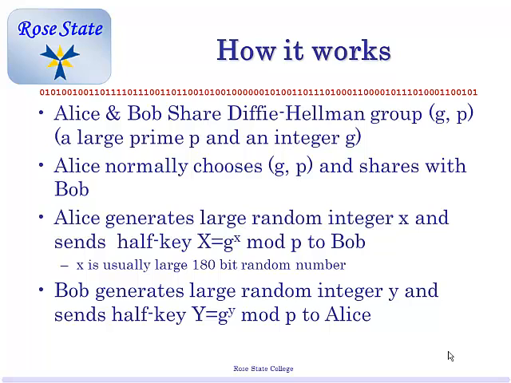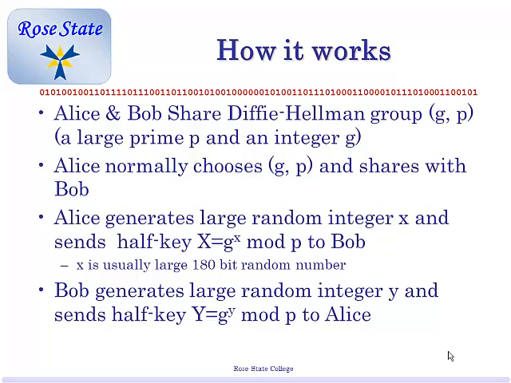Then Alice generates a large random number X. So Alice generates this large random number, doesn't send it to Bob, but Alice sends the half key, which is G to the X mod P. So what we do is generate a large random number X, then do G to the X. Remember, we both know G and P. So if I do G to the X mod P and send those results across, would Carol know the original X?